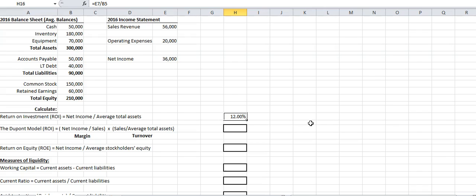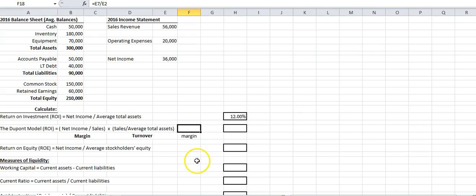You could also get the same answer by using the DuPont model. The DuPont model calculates return on investment, but it does it by combining two other ratios, the margin ratio and the turnover ratio, right? The margin ratio is net income over sales, and the turnover ratio is sales over average total assets, right?